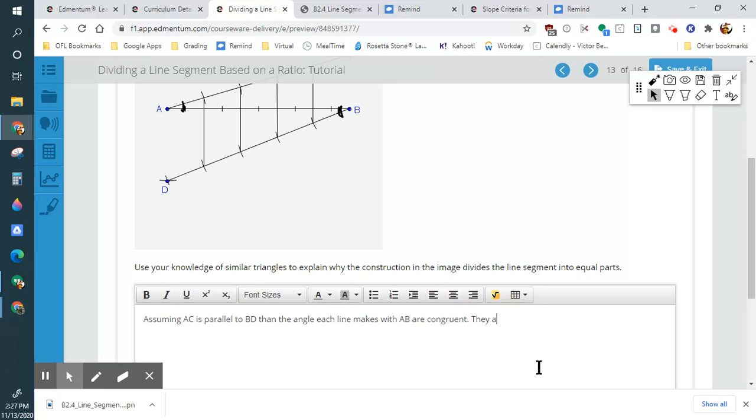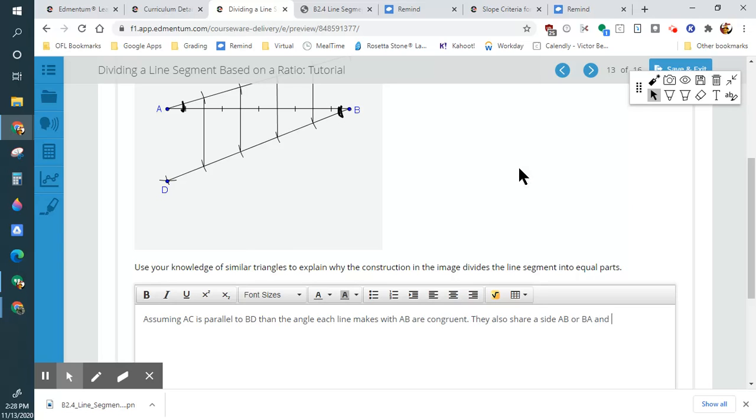They also share a side, AB or BA. For this triangle it's AB, for the other triangle it's BA.